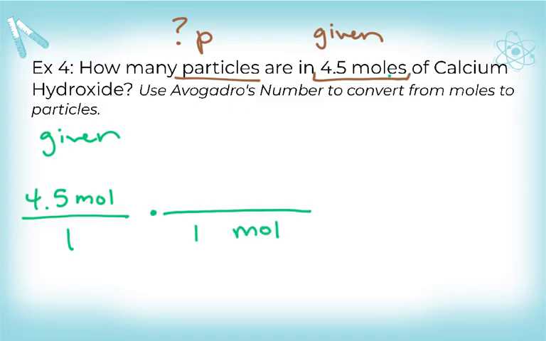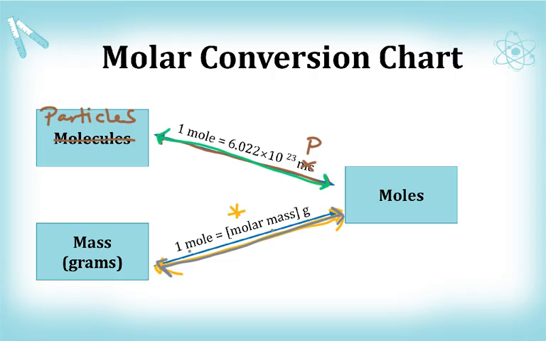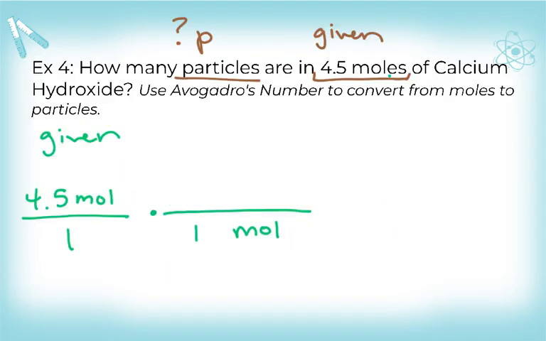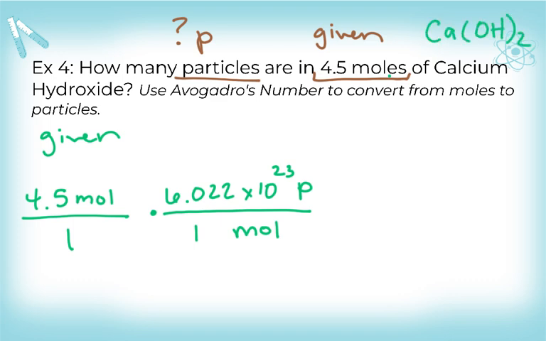And we know that 1 mole is, if I go back, 6.022 times 10 to the 23rd particles. I didn't write my calcium hydroxide on the back here. That would be Ca(OH)2, or at the end. We'll put that into our answer. It's going to be important that we keep writing that later on.